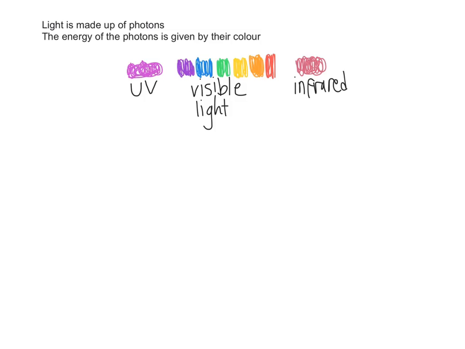So some names that we give this invisible light include things like ultraviolet, which is responsible for sunburn, comes through the hole in the ozone layer in the atmosphere, and infrared light, which is also known as heat, basically. If you have an infrared camera, it's looking at hot things, basically.